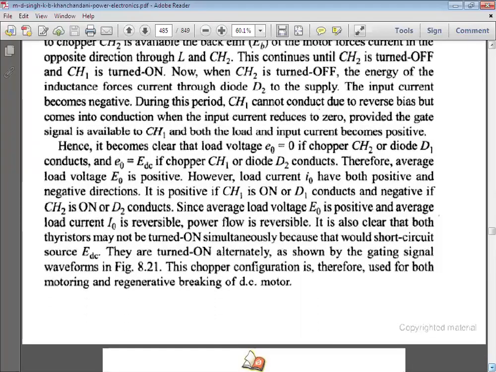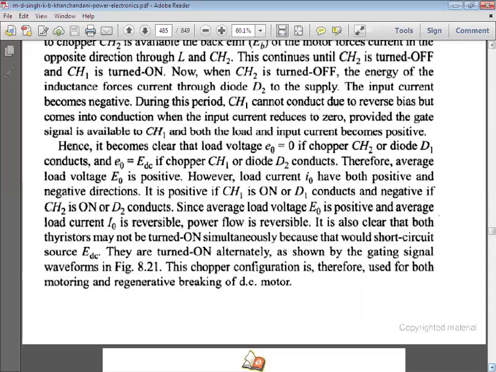Hence, it becomes clear that the load voltage E naught is equal to 0 if chopper 2 or diode D1 conducts, and the output voltage is equal to EDC if chopper 1 or diode D2 conducts.